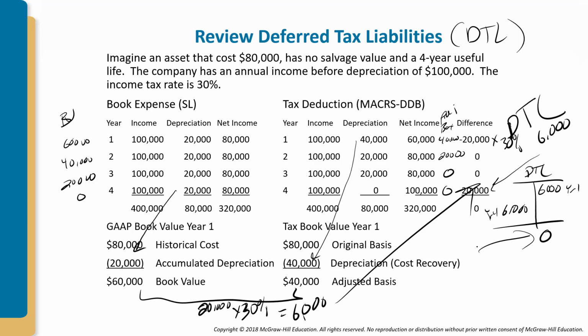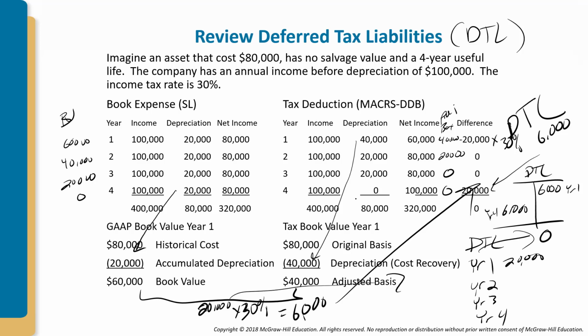So let's take a look at this. I'm going to make a list. Our deferred tax liability, looking up here, was 20,000, 20,000, 20,000, and then it went to 0, right? And I showed you that in the T account. But if I look down here in terms of book value, year 1, year 2, year 3, year 4: for year 1, we have a difference right over here of 20,000.